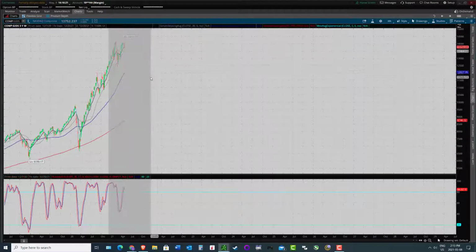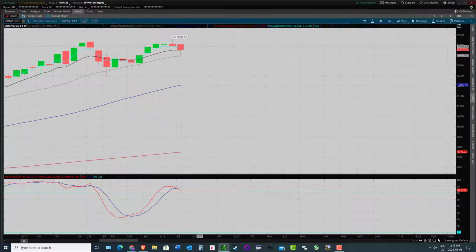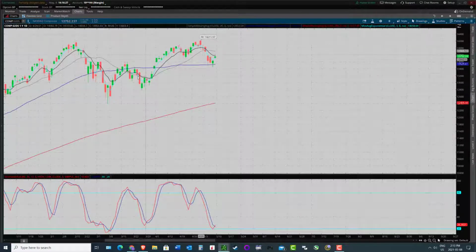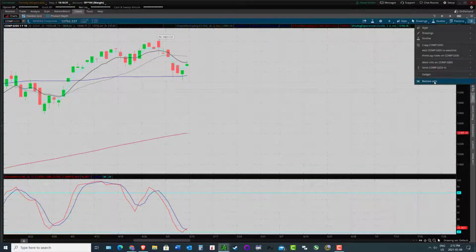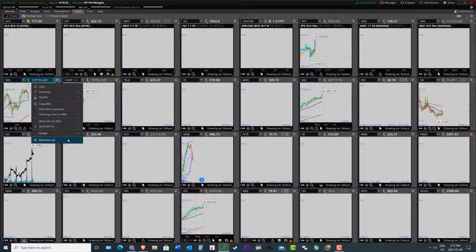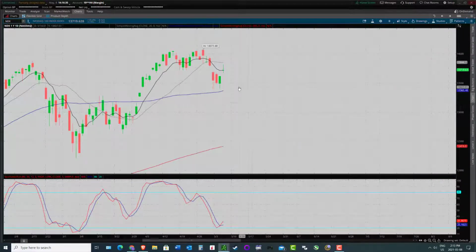The weekly candle on the Nasdaq was a down week, etc. Obviously, the wave count doesn't work for a 1, 2, 3, 4, 5 on the composite, but on the NDX, the Nasdaq 100, and maybe you think this is the more valid index, and maybe it is, we have our same kind of three-wave correction into the March low.